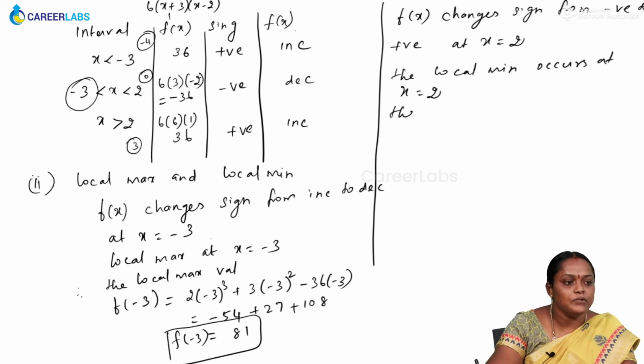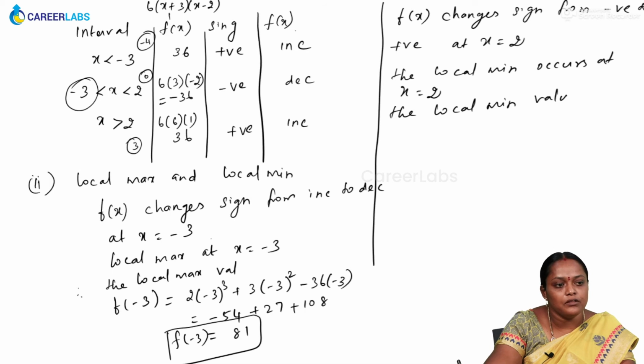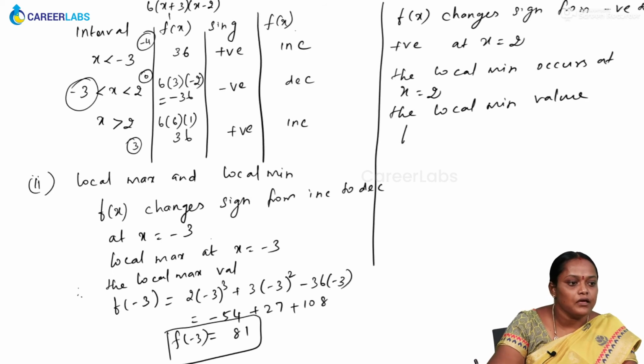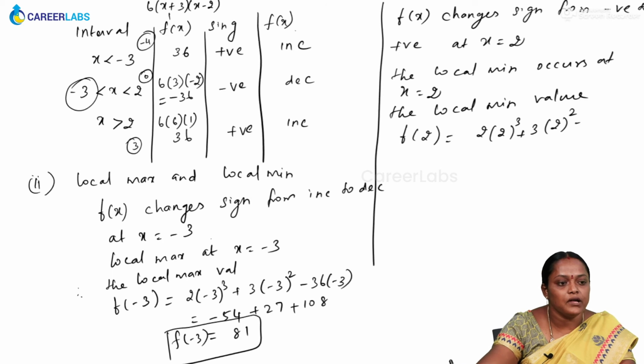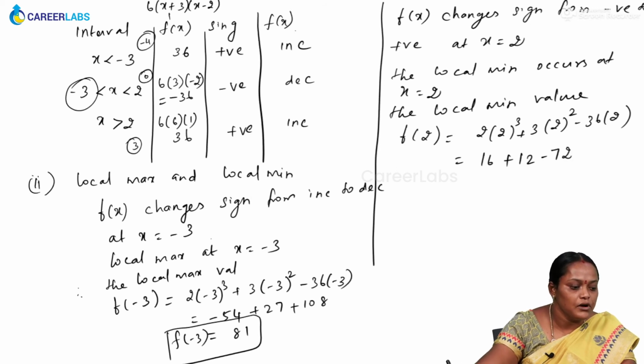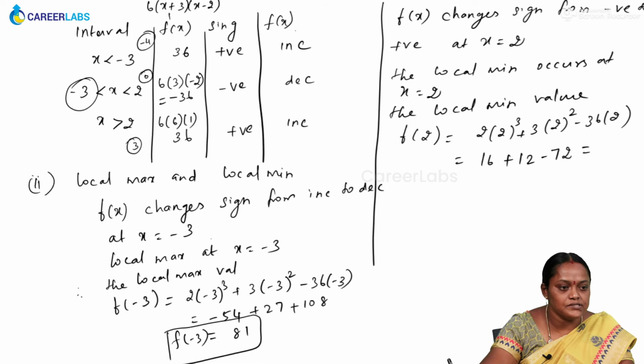Therefore, the local minimum value is given by f of 2, that is 2 times 2 to the power 3, plus 3 times 2 square, minus 36 times 2. So this is equivalent to 16 plus 12 minus 72. So this is going to give the value minus 44.